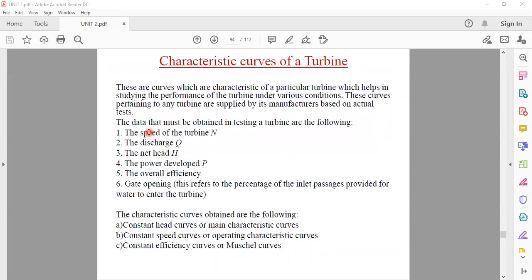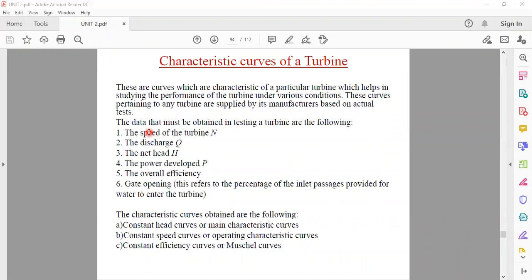Now, after discussing the selection of turbine, we discuss characteristic curves of a turbine. These are curves which are characteristic of a particular turbine and help in studying the performance of the turbine under various conditions. These curves pertaining to any turbine are supplied by its manufacturers based on actual tests.